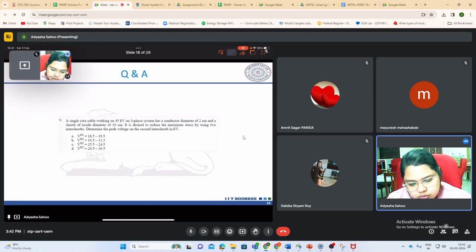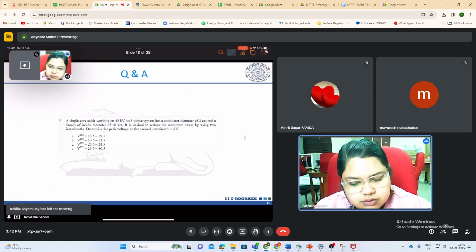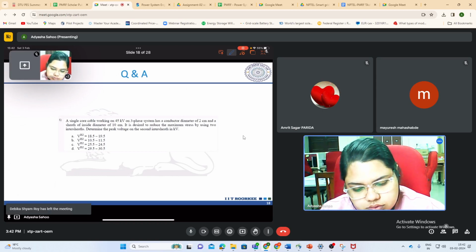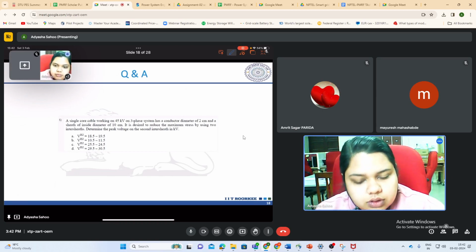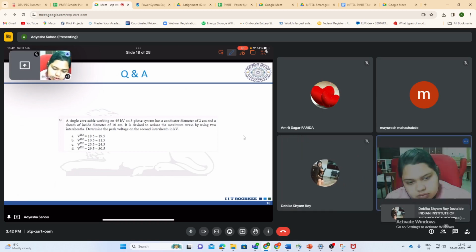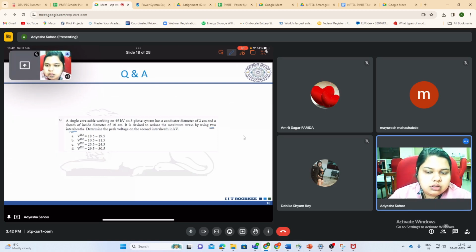A single core cable, 45 kV, 3 phase, has conductor diameter 2 cm and a sheath of inside diameter 10 cm. It is desired to reduce the maximum stress by using two intersheaths. Determine the peak voltage on the second intersheath.